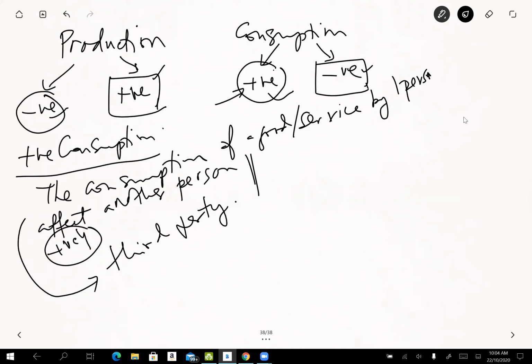Okay, one good example. This example has been here since many years ago, and now it's more important. Vaccination. You know vaccination?